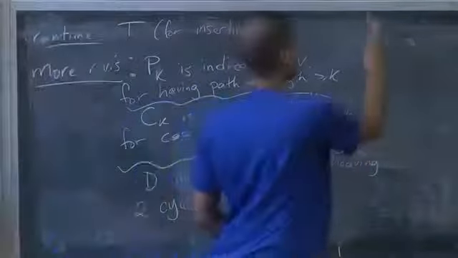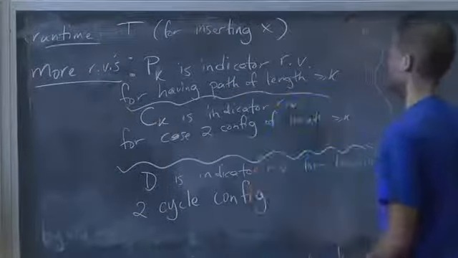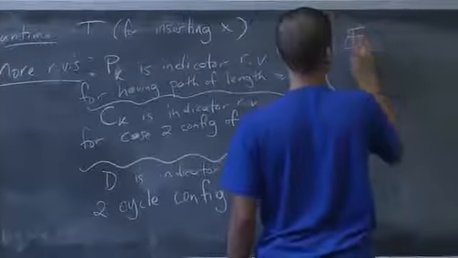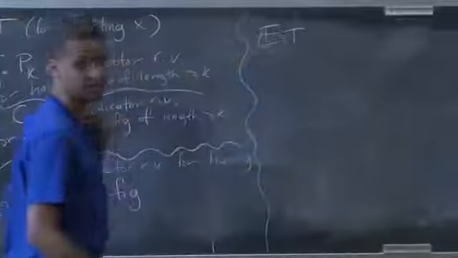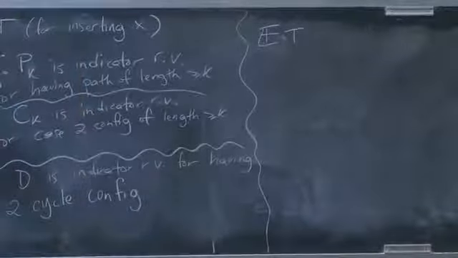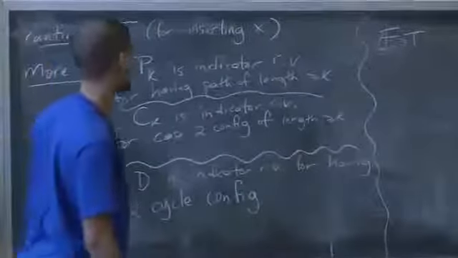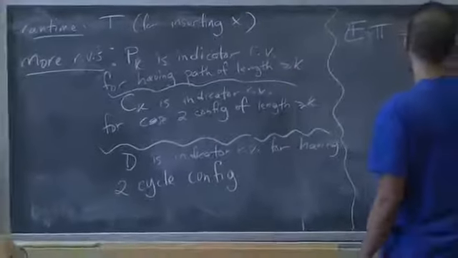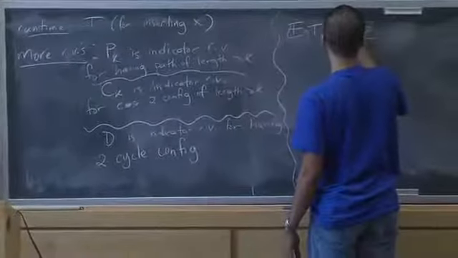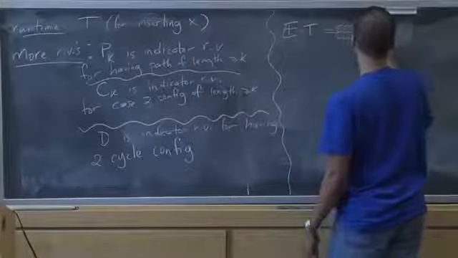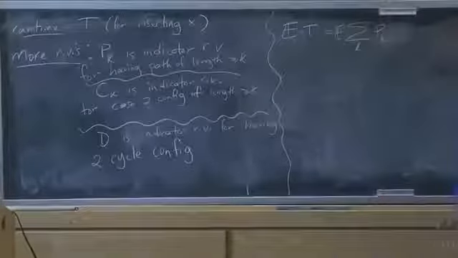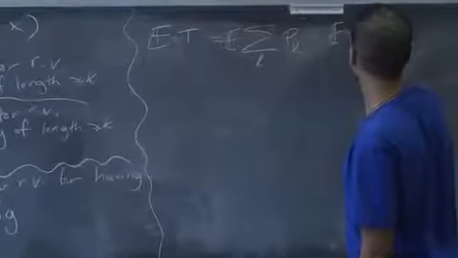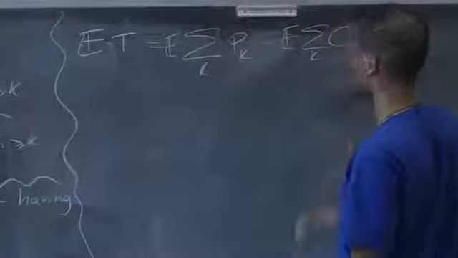Okay, so we can write down that the expected time is the expectation of the sum over all k of P_k, plus the expectation of the sum over all k of C_k.